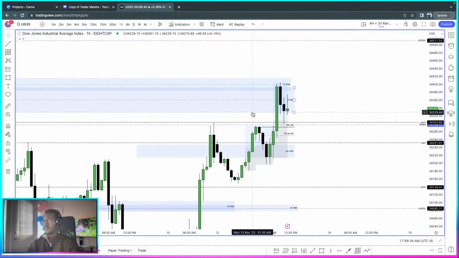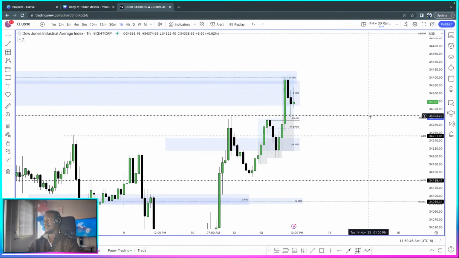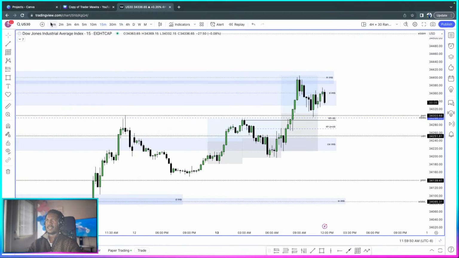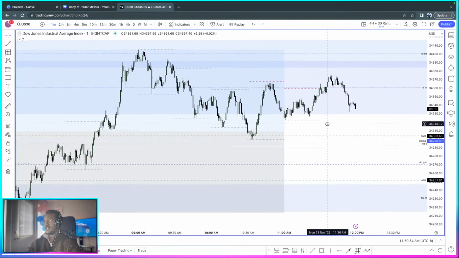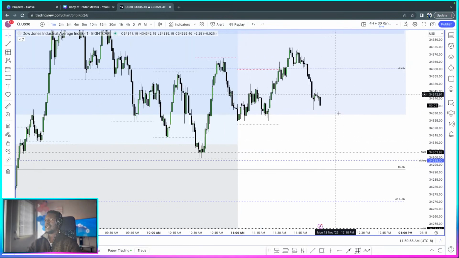So we have to be watchful of that, because at this point it can either come down, then go finish some unfinished business if it's still bullish, or just shoot down, or we can just consolidate in here. So we have to be watchful of that. In the meantime, I'm just waiting for my entry signal. I'm favoring shorts. So it would just keep on going down without us entering.